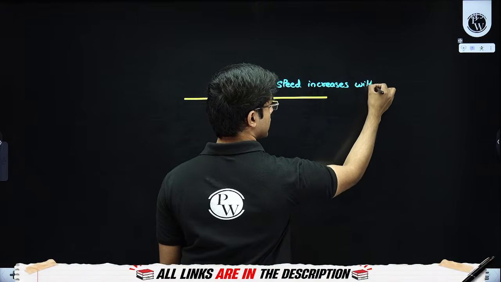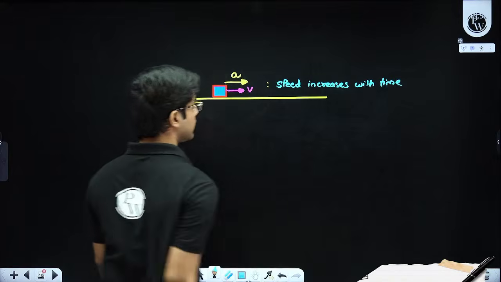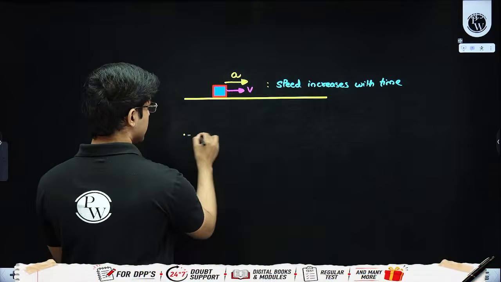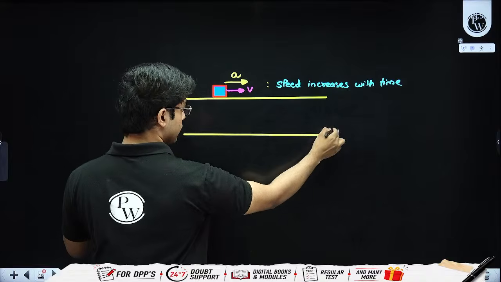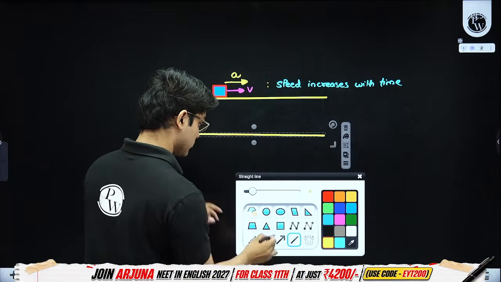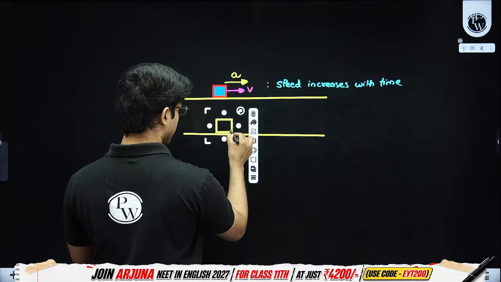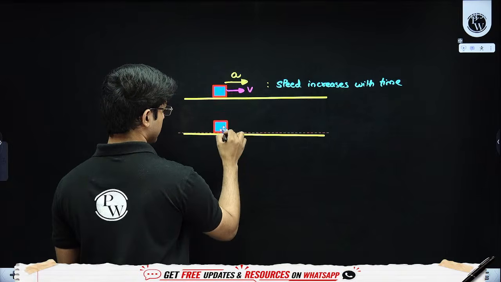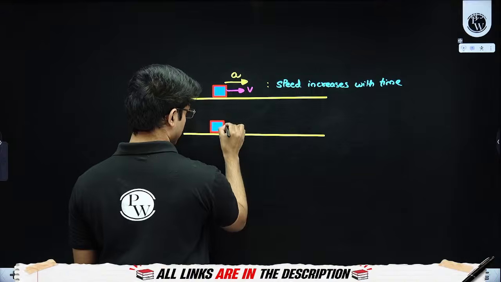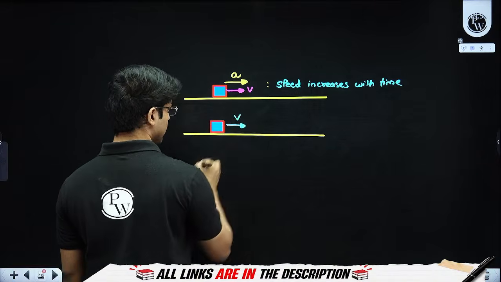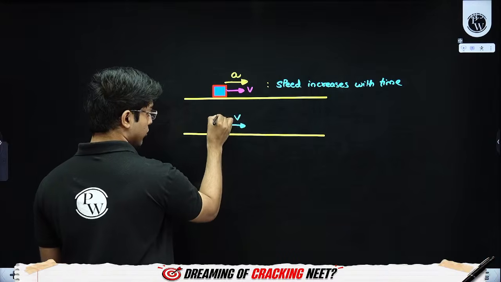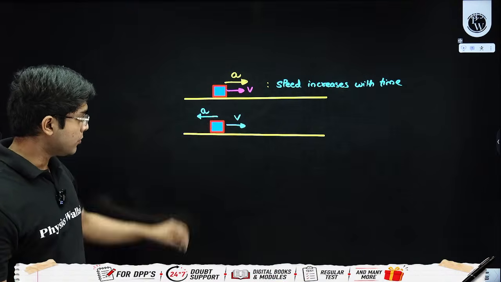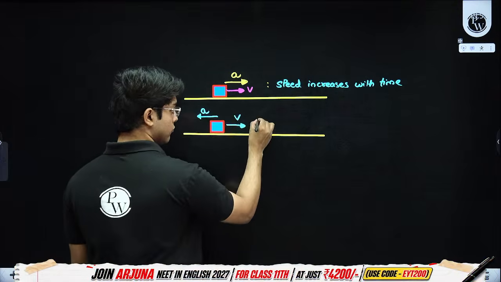There are only two possibilities in 1D motion: the acceleration can either be in the direction of velocity, or opposite to the direction of velocity. In the second case, velocity is to the right, and if this is a decelerated motion, then acceleration will be to the left. Acceleration to the left means the speed will go down with time.